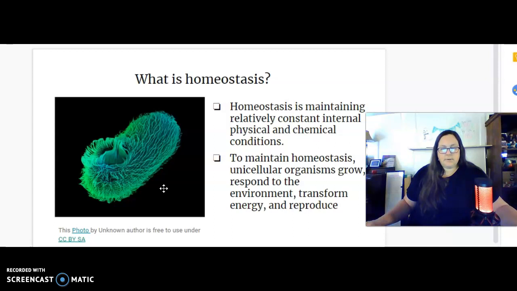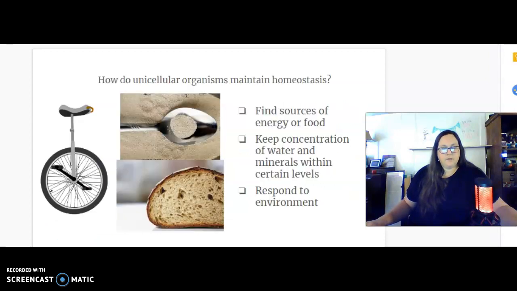And it still needs to be able to do all of the functions necessary for life. So it still needs to be able to grow, respond to its environment, transform energy, and reproduce. When it does all of those things, it helps to maintain homeostasis, or a relatively constant internal physical and chemical condition. So how do unicellular organisms maintain homeostasis?